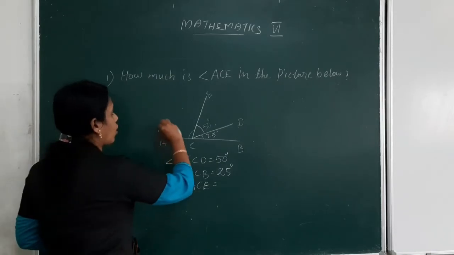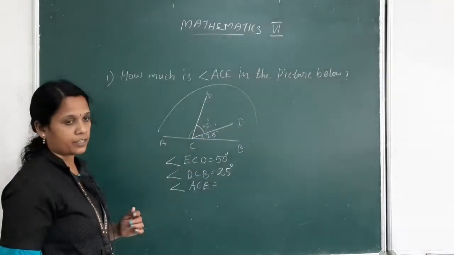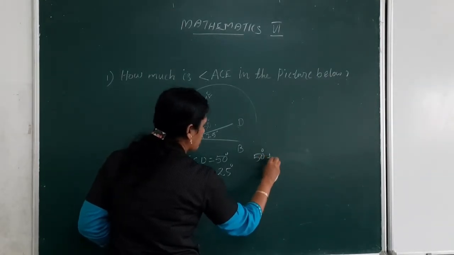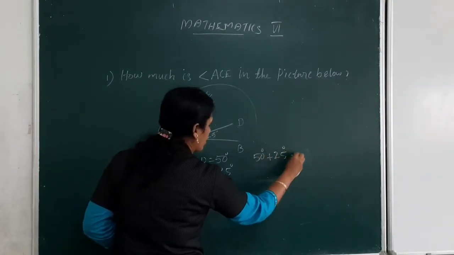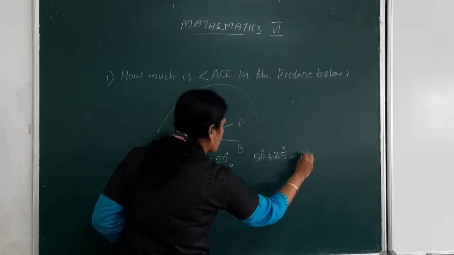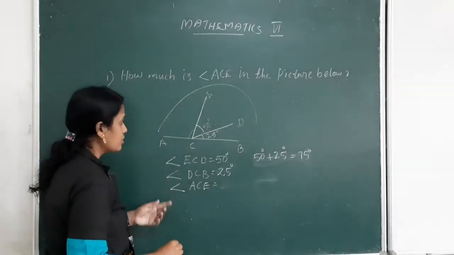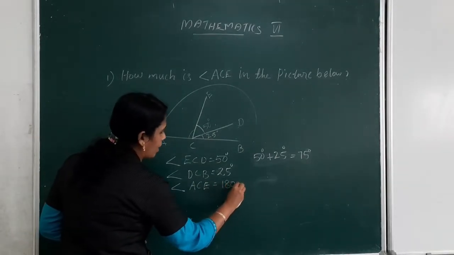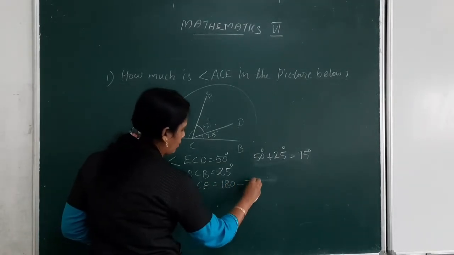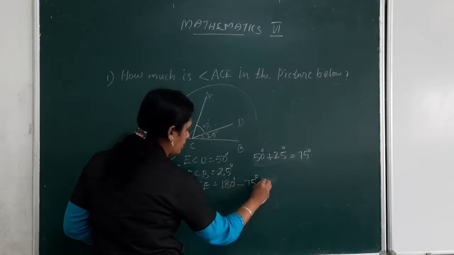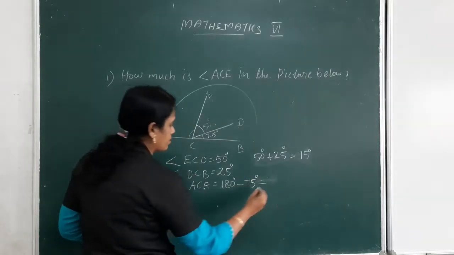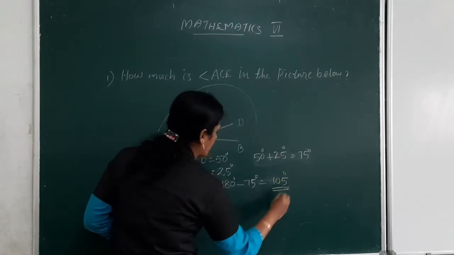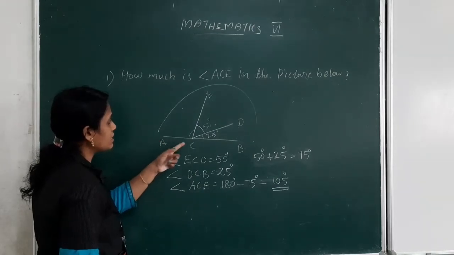Here total 180 degree. Here 50 degree plus 25 degree is equal to 75 degree. So here total 180 degree. So 180 minus 75 degree is equal to, yes, 105 degree.